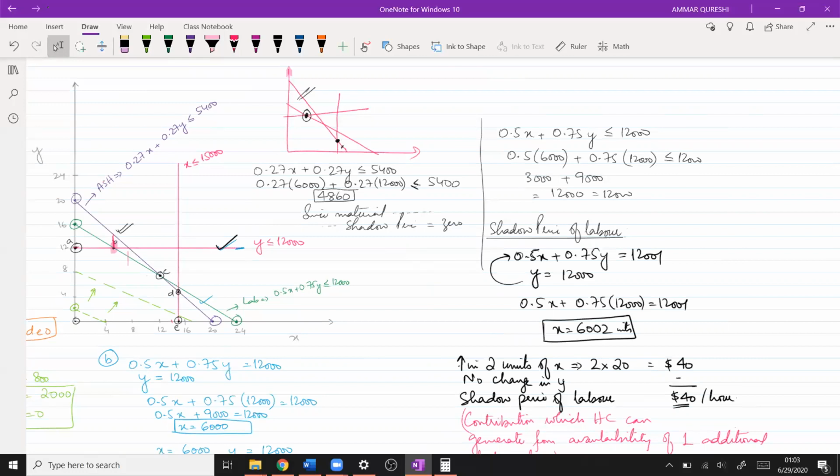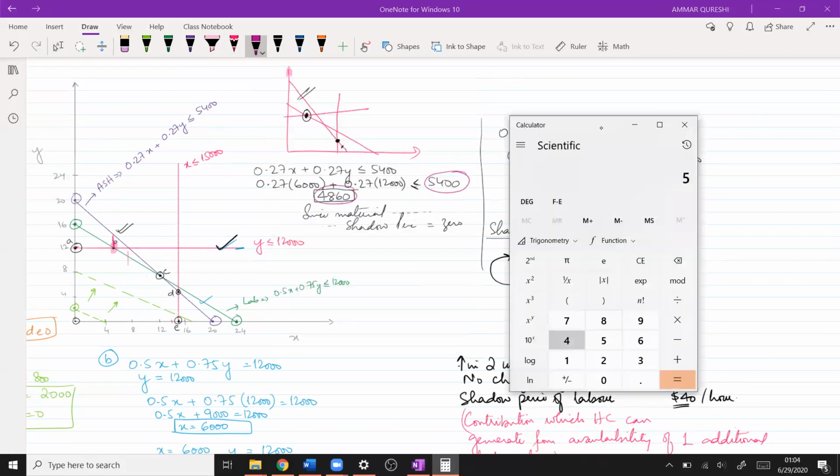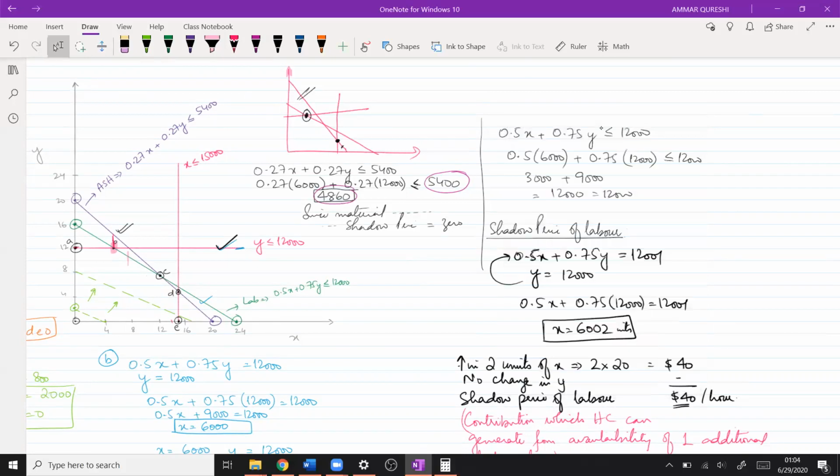So we are doing the second point, right? The quantity of hours. See, we have 5400 kilograms of available material, and we will utilize 4860 kilograms of material in case we are manufacturing 6000 of X and 12,000 of Y. So how many kilograms are we left with? 5400 minus 4860, 540.